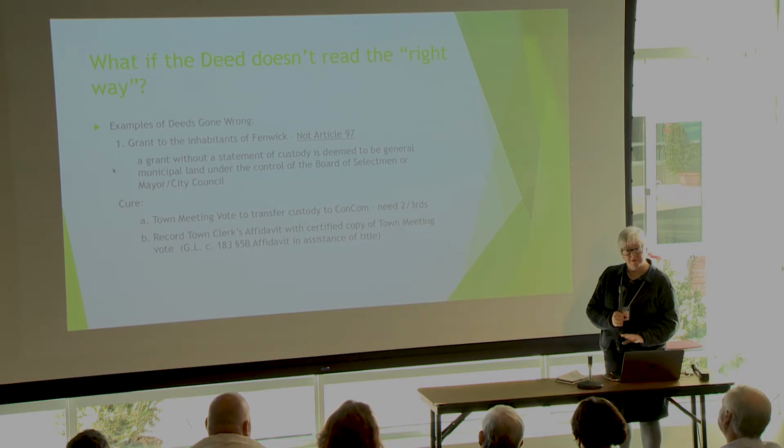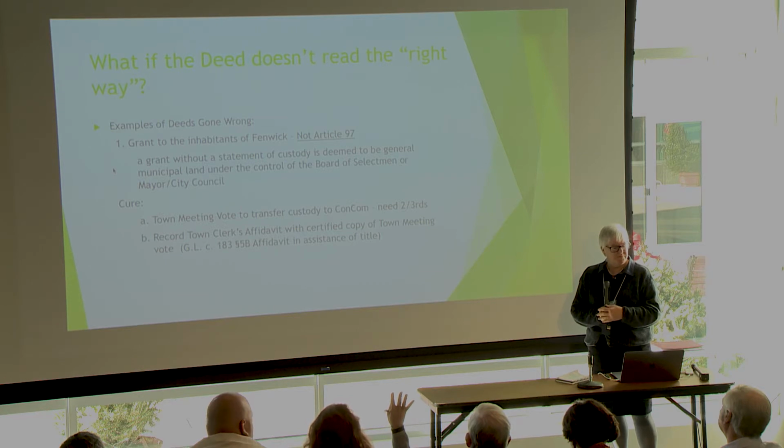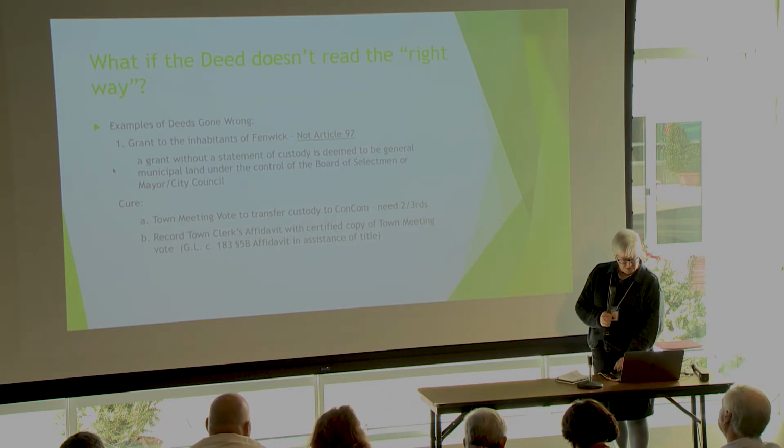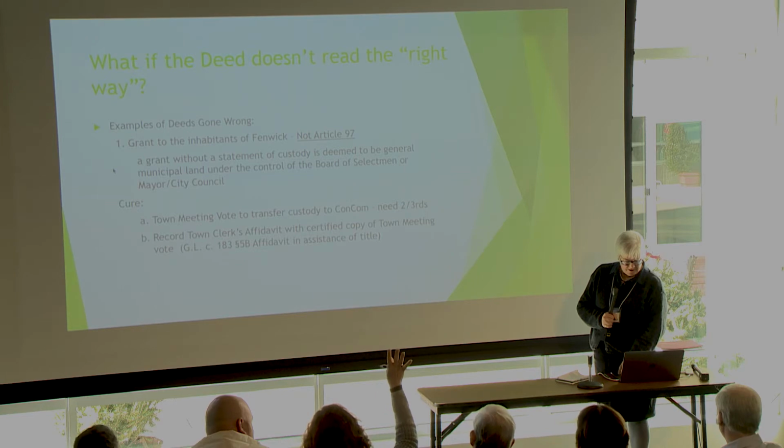It's not a requirement to record that as a result of the successful decision in the Westfield case, but I still think that it's a good idea. Wouldn't you? Yeah, absolutely. As I was saying earlier, you still start with the chain of title. There's nothing in the Westfield case that says we don't care about the chain of title anymore. It's just that that's not the exclusive way to determine our voice.